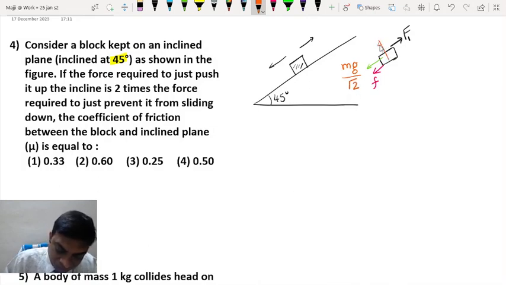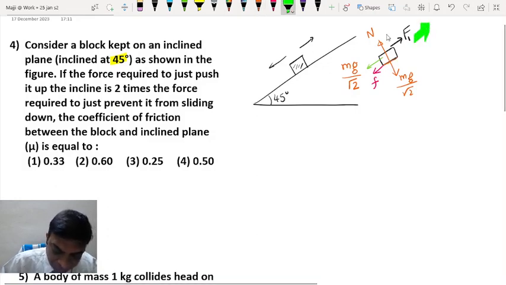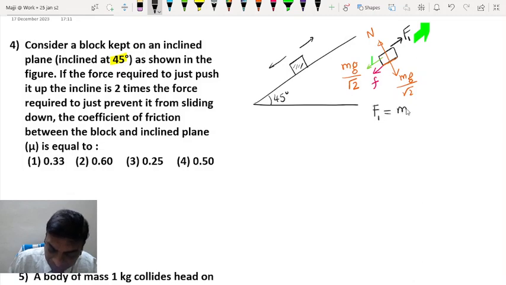The normal force is balanced by the component of weight. This is a free body diagram. Now for the equilibrium along the plane, we can write F1 must be mg by root 2 plus f. So total force up the plane must be equal to total force down the plane.